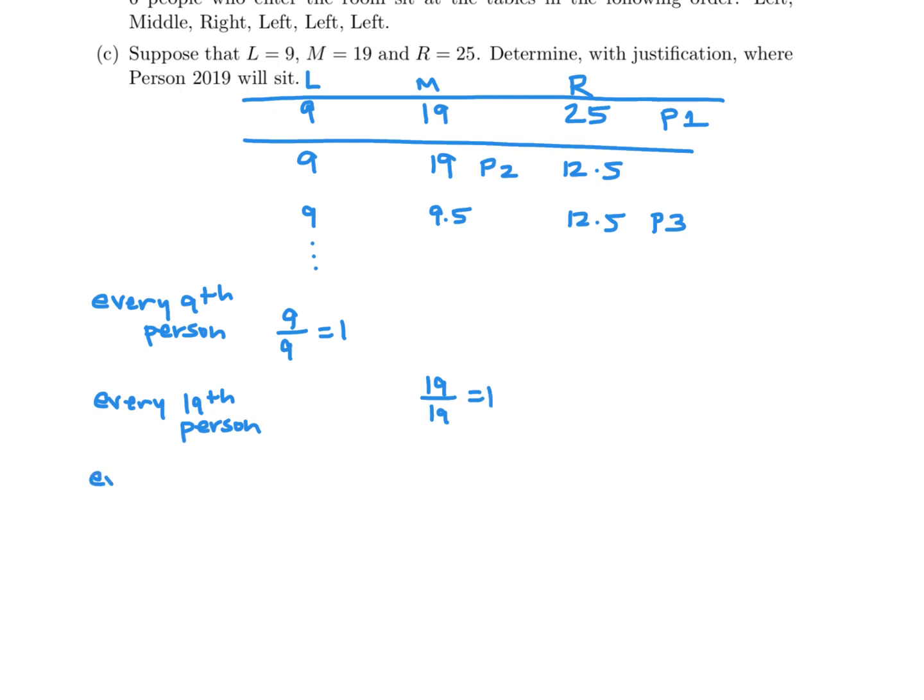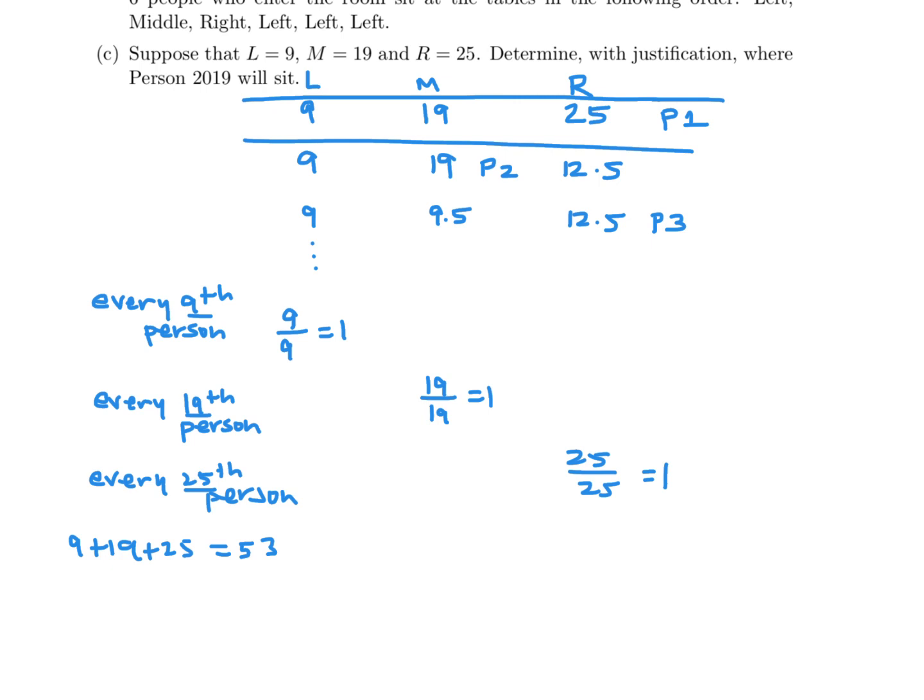And then every 25th person, this column would be a 25 over 25, which is a 1. So that basically means that 9 plus 19 plus 25, which is 53. Every 53 is when you'll get down to sort of this 1, 1, 1.